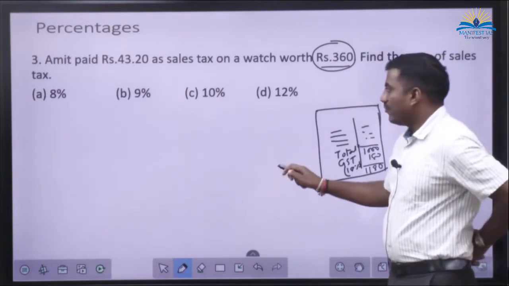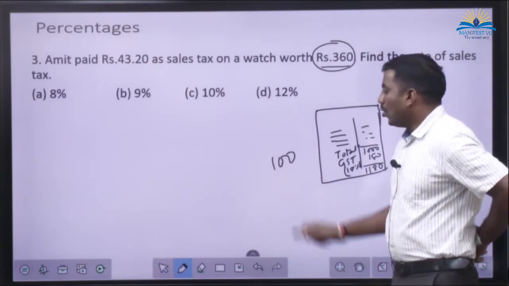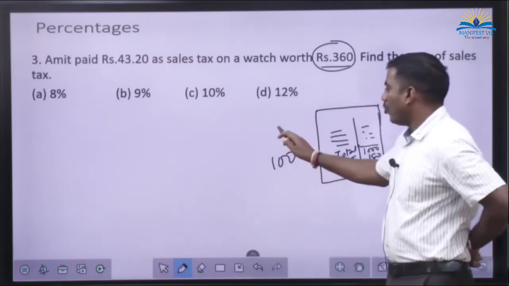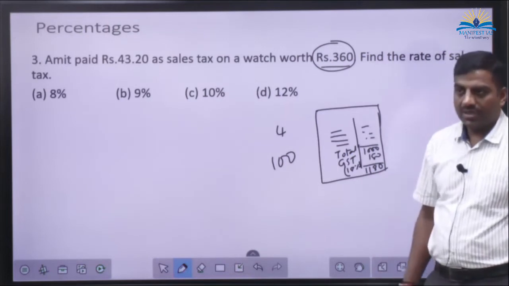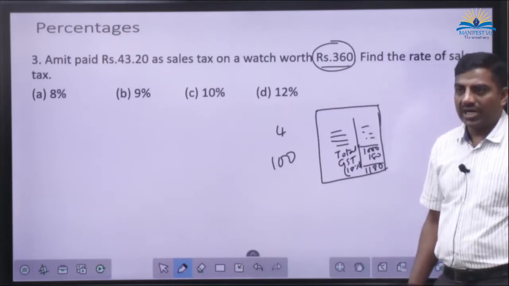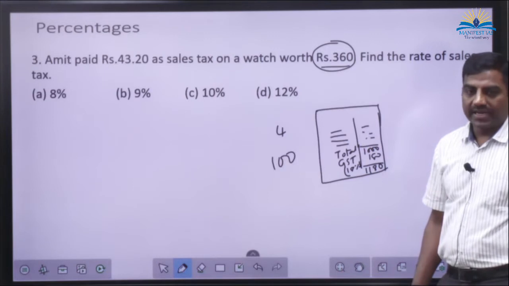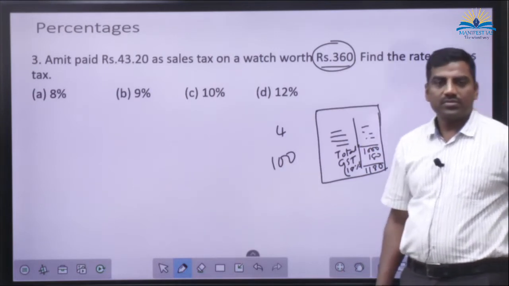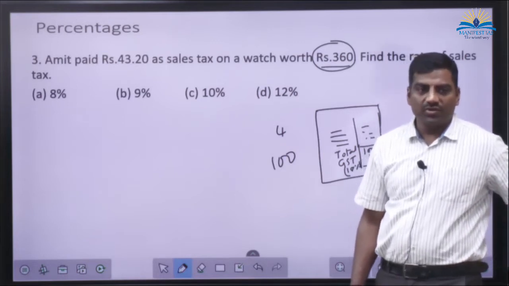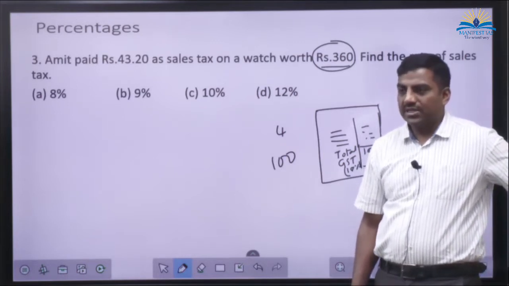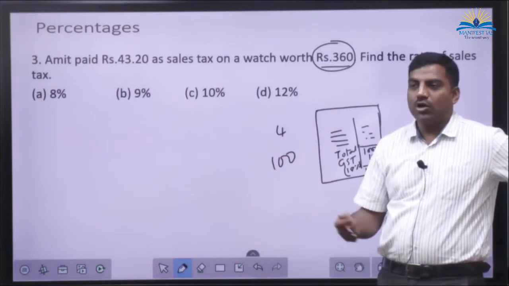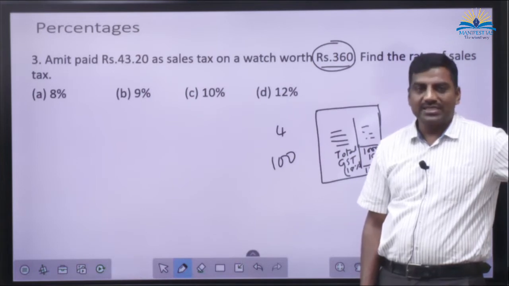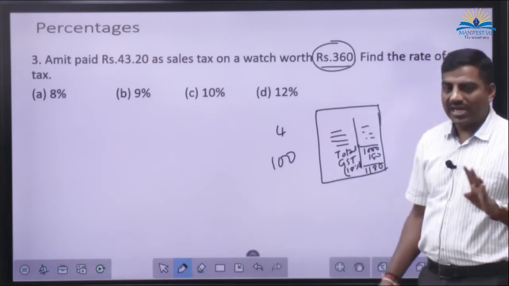If 100 rupees was the worth of the watch, and let's say 4 rupees is tax on that, what will be the percentage of sales tax? 4%, right?